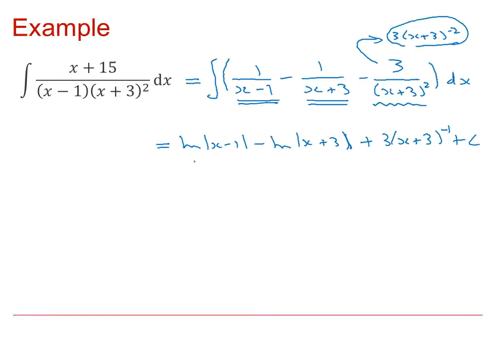Now we can use our log laws to simplify this bit at the beginning, and we get the answer ln of the modulus of x minus 1 divided by x plus 3, and we could tidy up this fraction a little bit as 3 divided by x plus 3 if preferred.